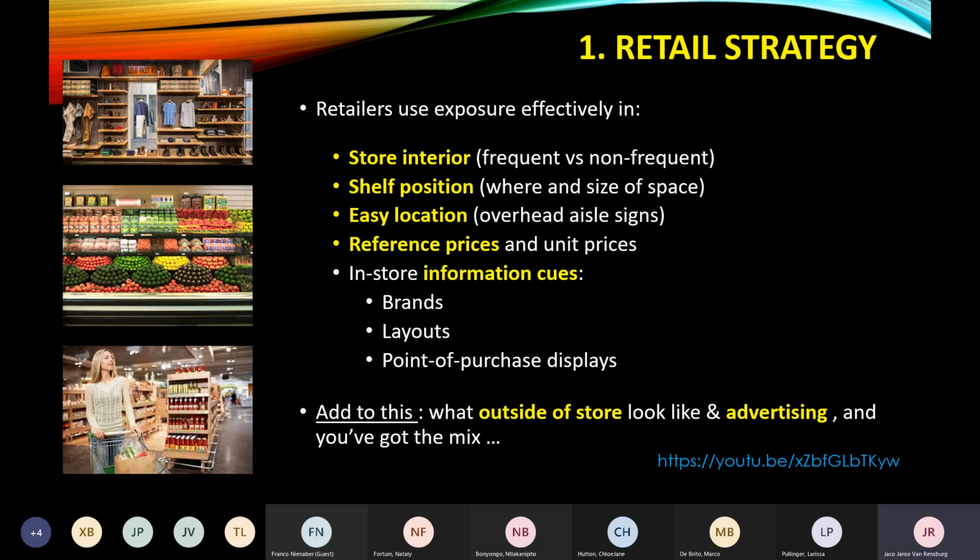At some point, and I can't recall which of the retail companies were the first ones to do that, when you're queuing at the till to pay for your purchases, all of a sudden they started stacking up products that you might not have considered and was definitely not on your shopping list. But because you are waiting in the queue and you're looking left and right and you see it and you look away and you look at it again, you eventually actually pick up one of those items.